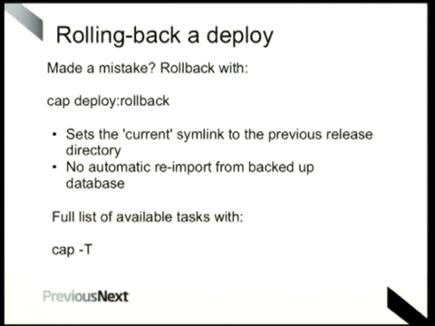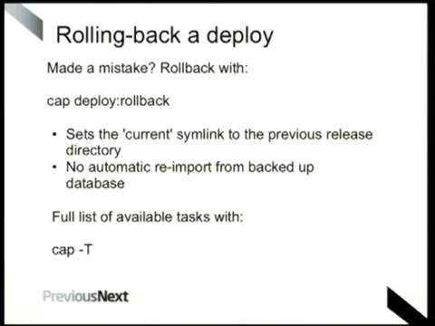The main benefit, I think, is that you can instantaneously roll back to the previous release. With cap deploy rollback, all it does is take that current symlink and point it to the one before, so you're instantly back to the version that you were on before. The only caveat is that if you do run migrations on your database, it won't automatically restore from a backup of the database for you.